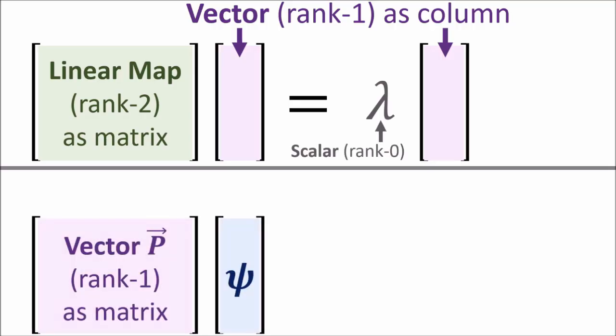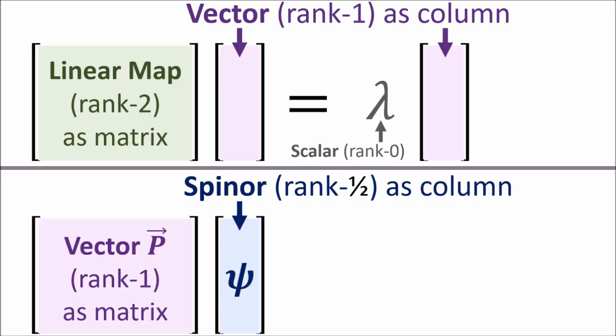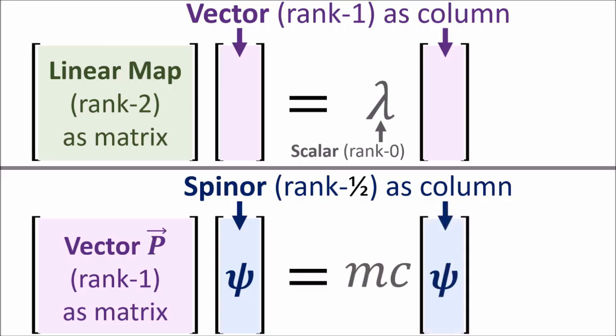But with the Dirac equation, we have a rank 1 vector p written as a matrix acting on a rank 1/2 spinor psi written as a column, which produces a rank 0 scalar eigenvalue mc. Now, you might be wondering why I'm calling psi a rank 1/2 spinor. This is because spinors transform half as much as vectors do.